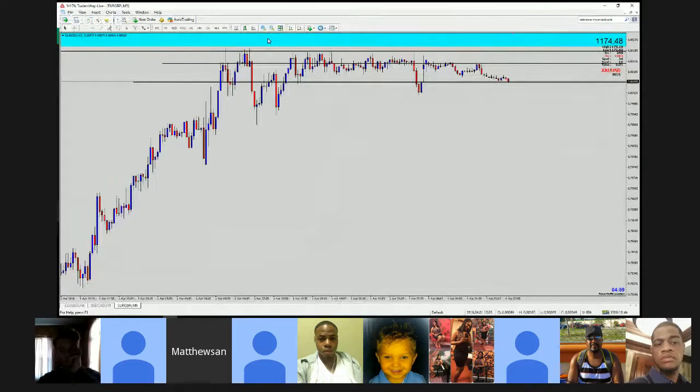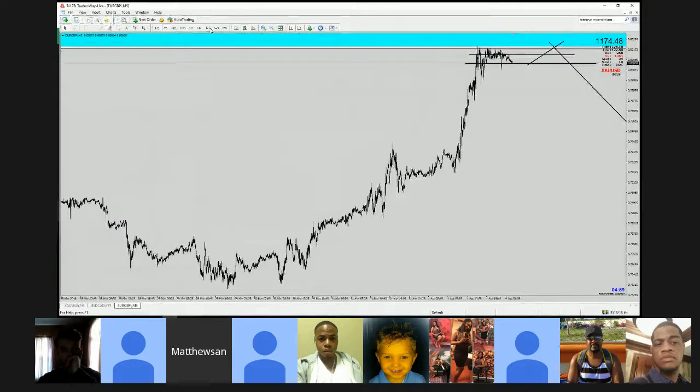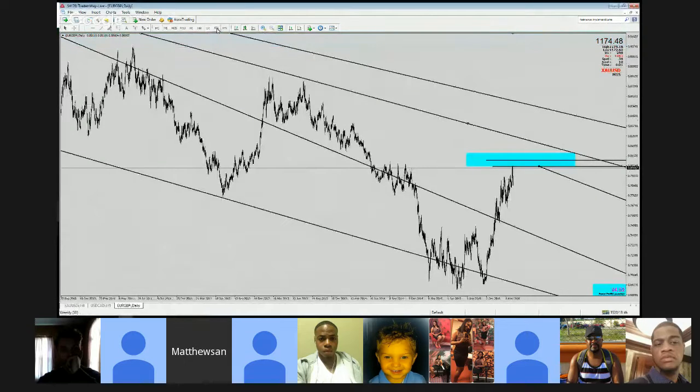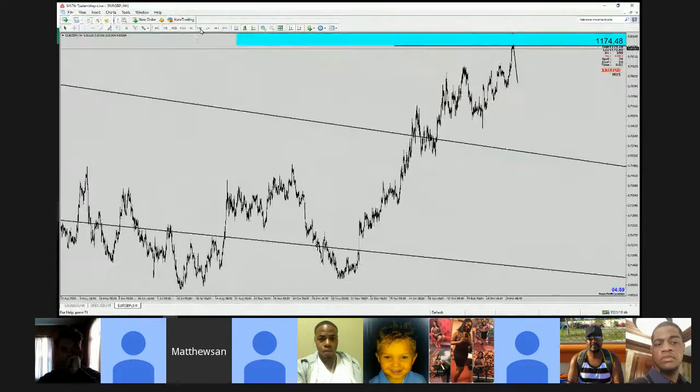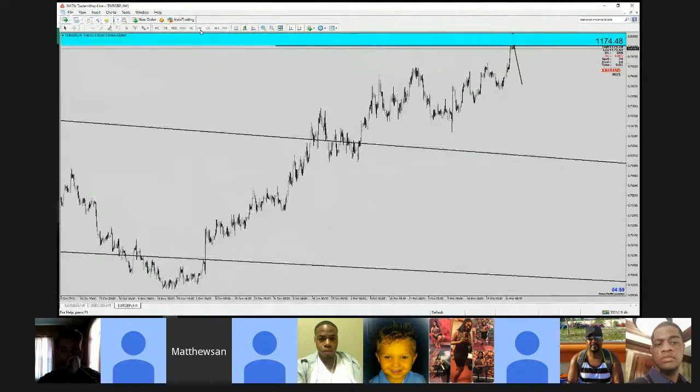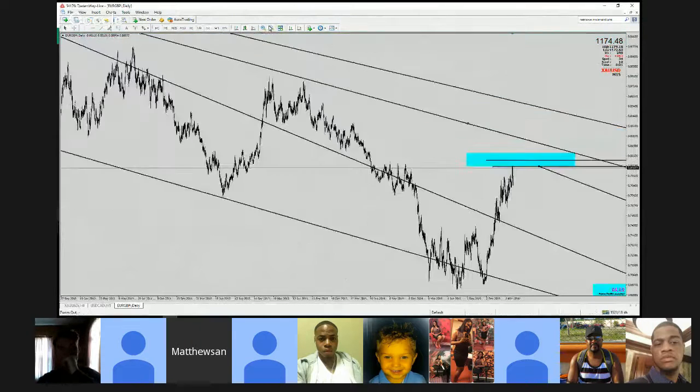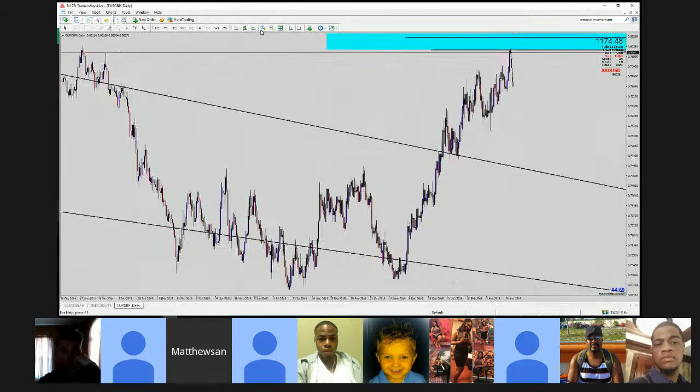And we should be using our smaller time frames for entries, but ultimately relying on the 4-hour and the daily to catch that. See, it hasn't quite, it's in that support area. It's going to come up a little bit more. We want it to come up a little bit more. But be ready, that's all.